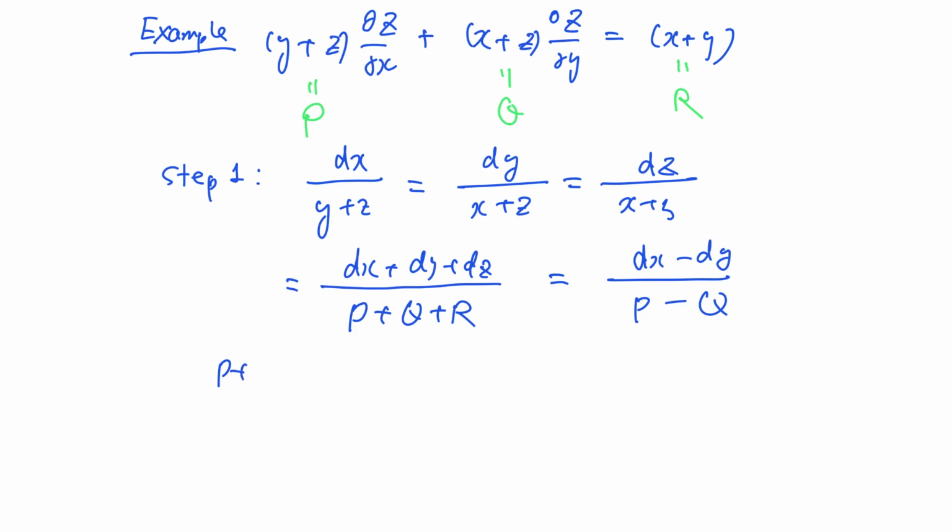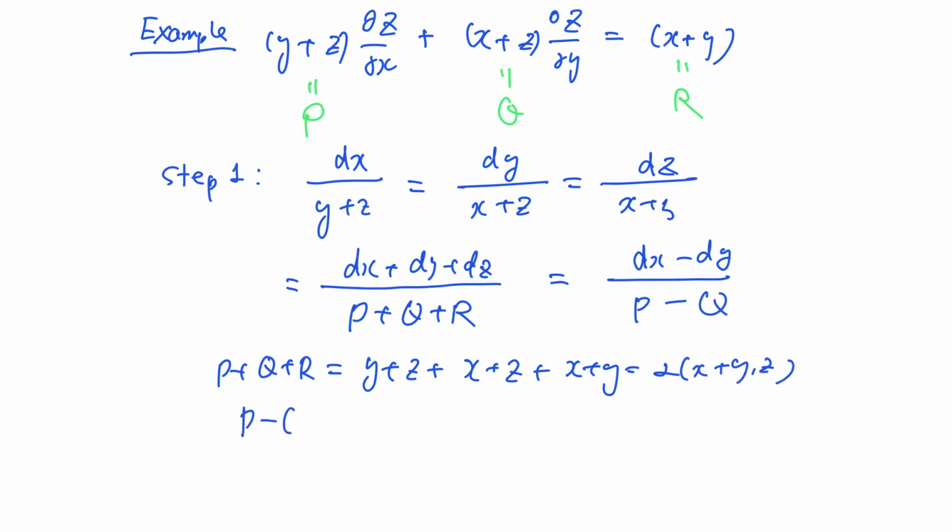P plus Q plus R is y plus z, x plus z, x plus y, which is twice x plus y plus z. P minus Q is y plus z minus x plus z, which is y minus x.